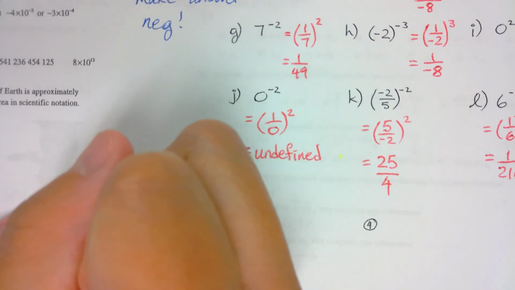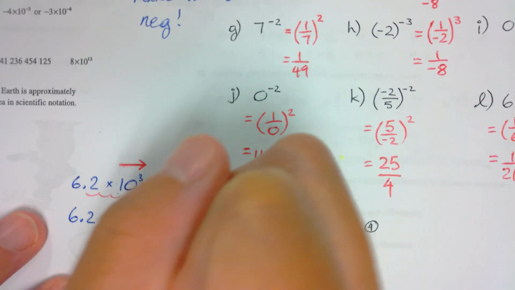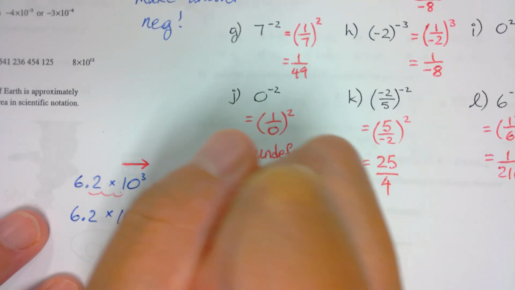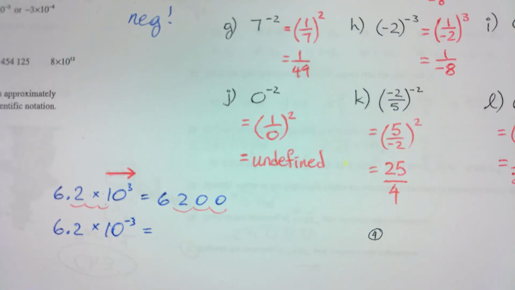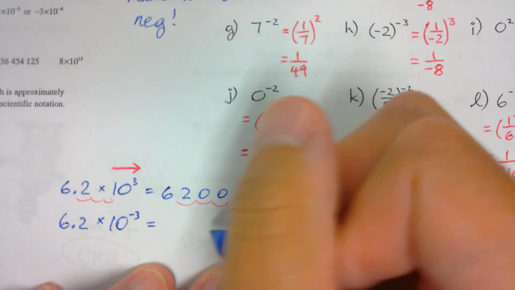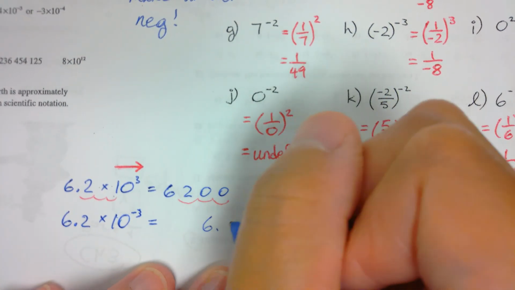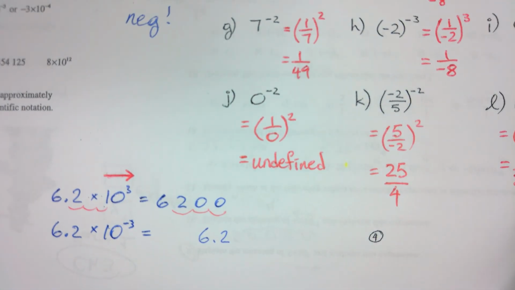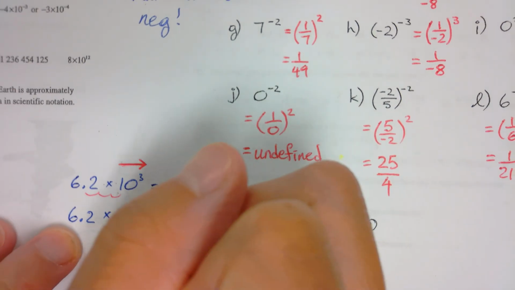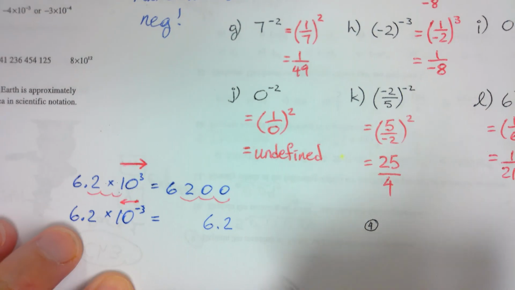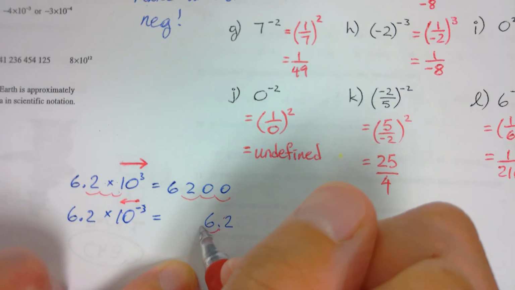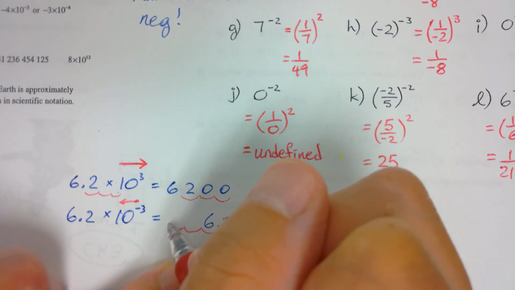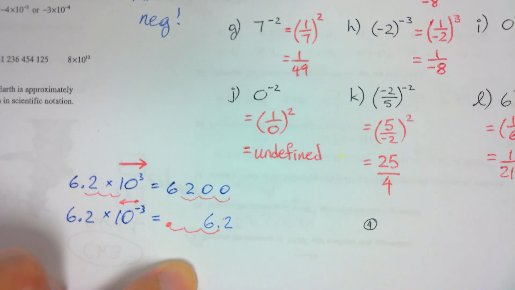Okay, what if it's 6.2 times 10 to the negative 3? Which way am I moving the decimal there? To the left. So move this decimal place 1, 2, 3. I have my new decimal place right here.